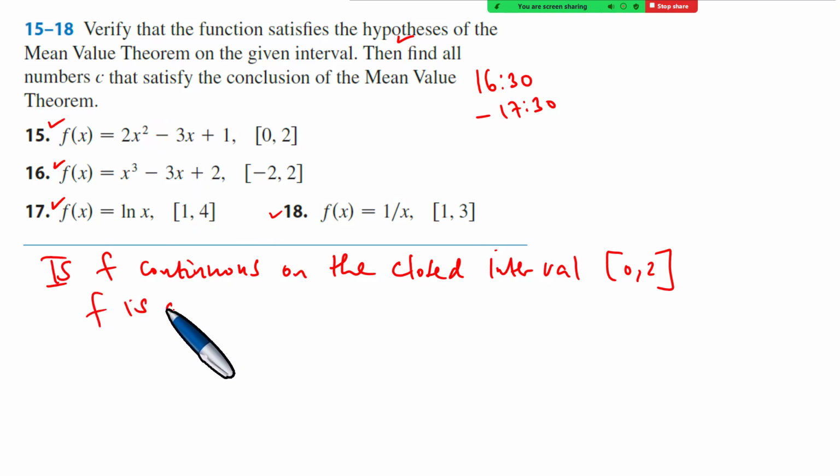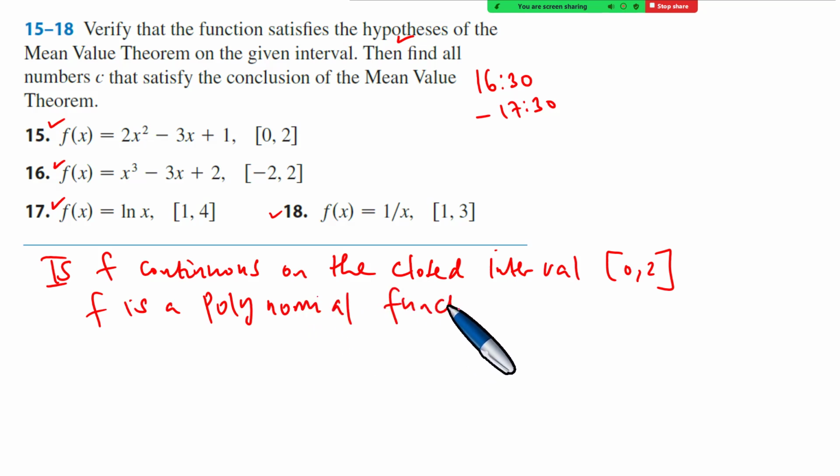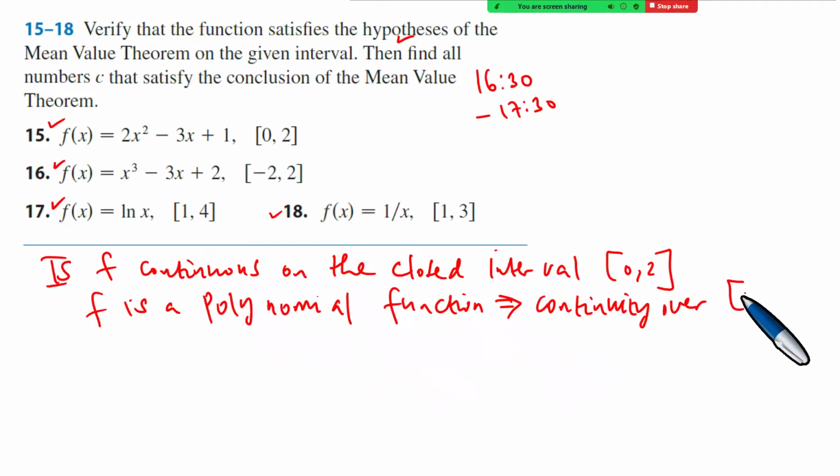Because f is a polynomial function, it implies continuity over the interval [0, 2]. Something that is very important, so take note of that.